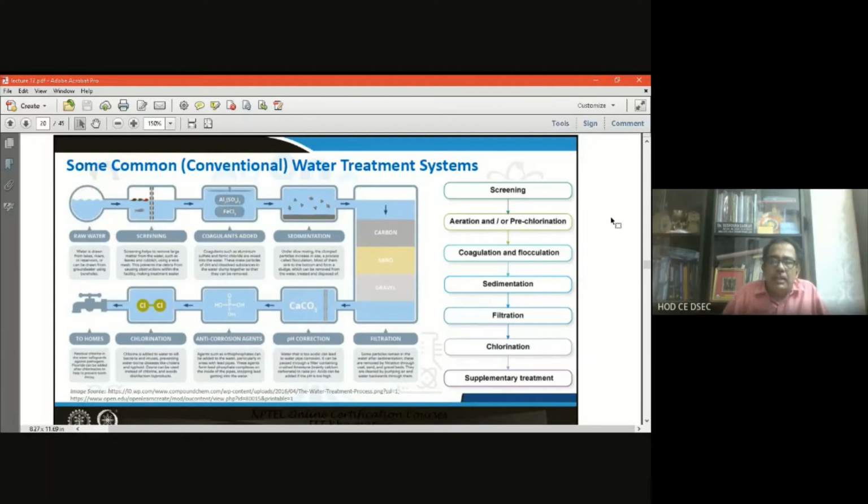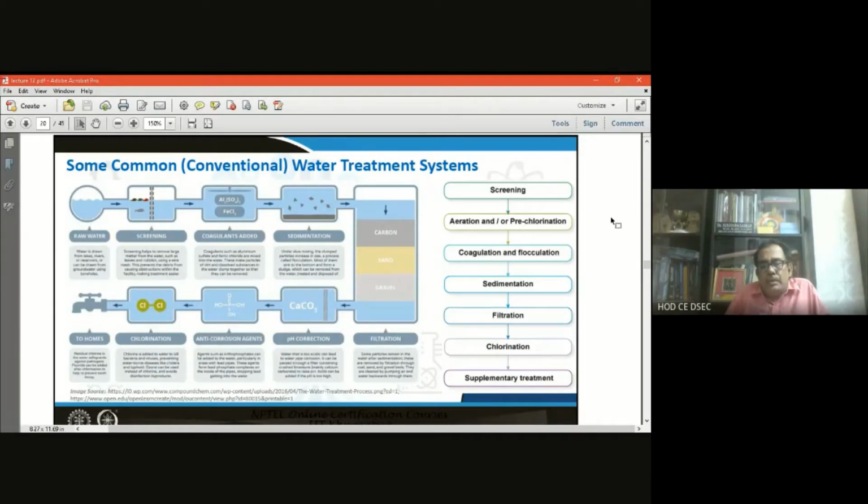If the water is collected from a groundwater source, there is a foul smell, so definitely aeration is done. Coagulation is a common process. It is basically a process for surface water treatment, because turbidity arises, that is, the fine suspended particulate matter, when the water flows on the surface.